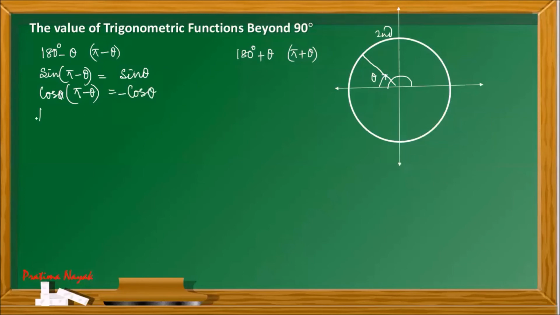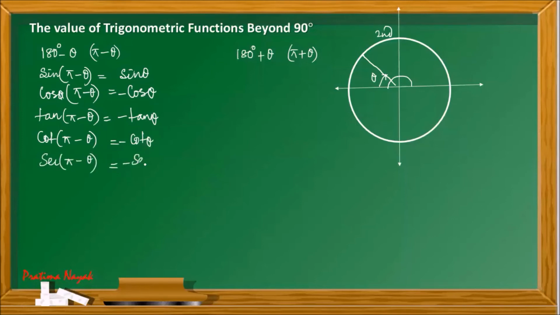I hope now we can write all the ratios. Tan pi minus theta is equal to minus tan theta. Cot pi minus theta is equal to minus cot theta. Sec pi minus theta is equal to minus sec theta.